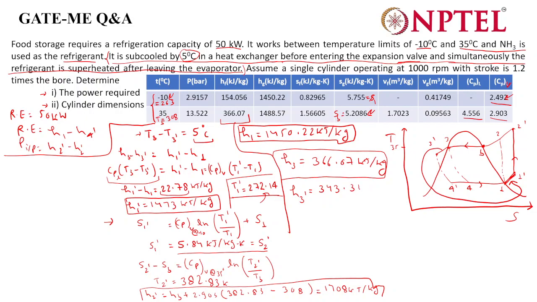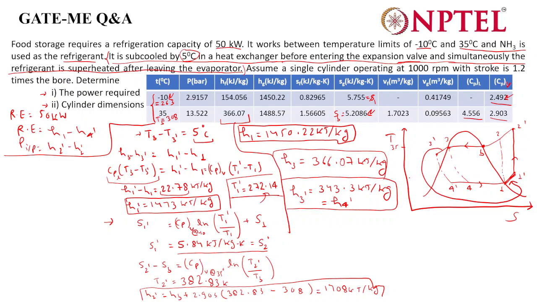Okay. Now we know the value of H3 dash, and H3 dash is the same as H4 dash, right? Correct?